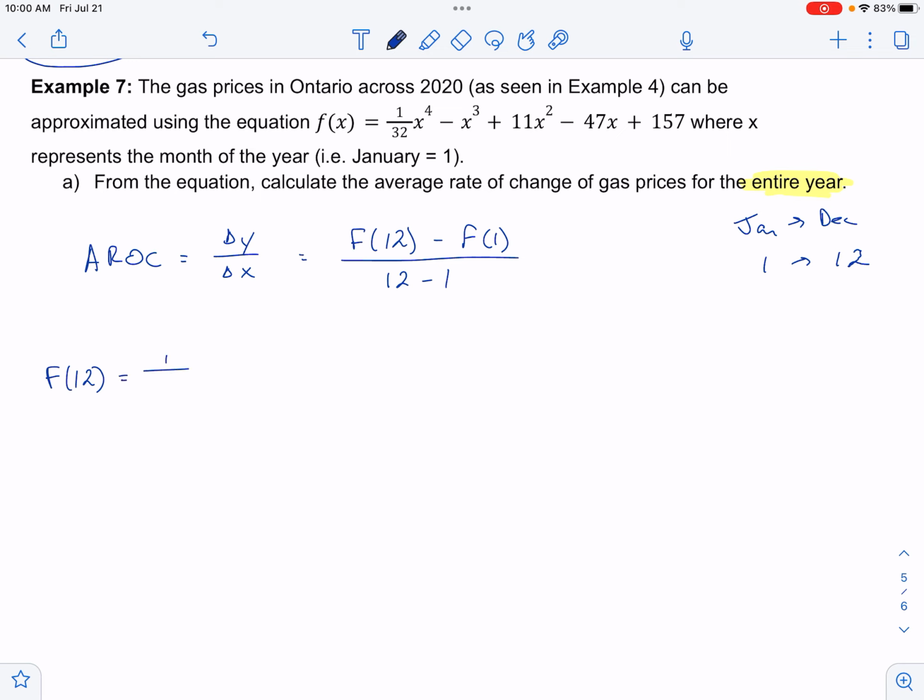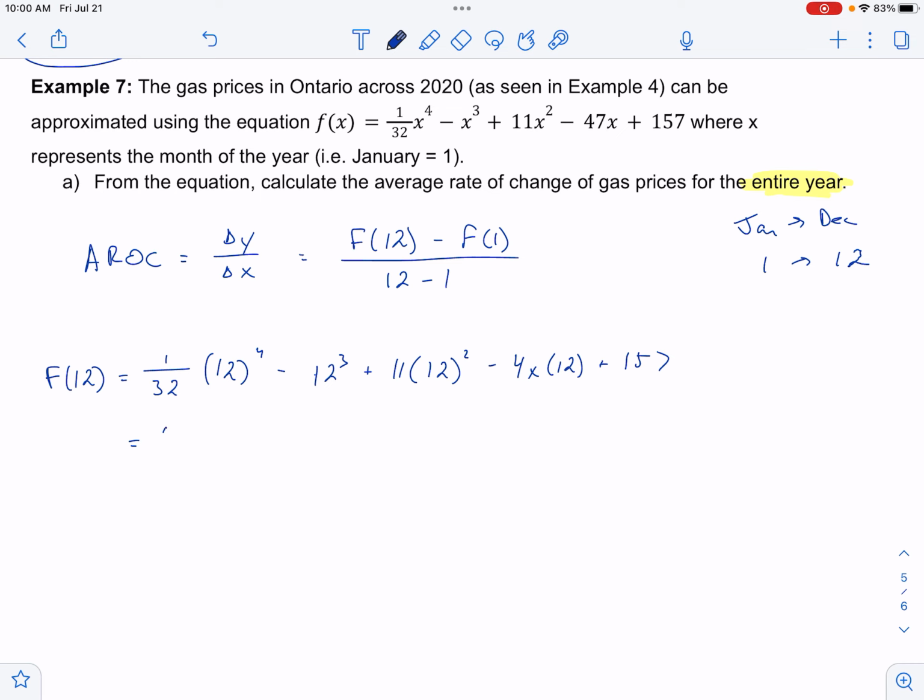So it'll be 1 over 32 times 12 to the 4 minus 12 cubed plus 11 times 12 squared minus 47 times 12 plus 157. Woohoo, lots of math to do here. Okay, 12 to the power of 4 is 20,736.